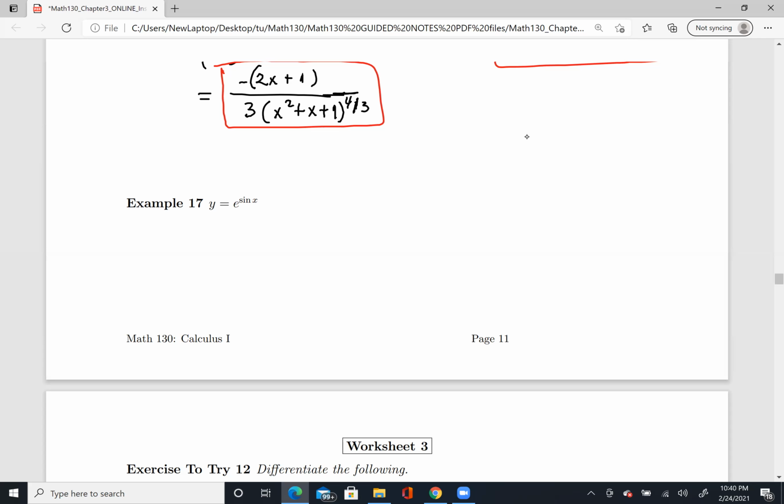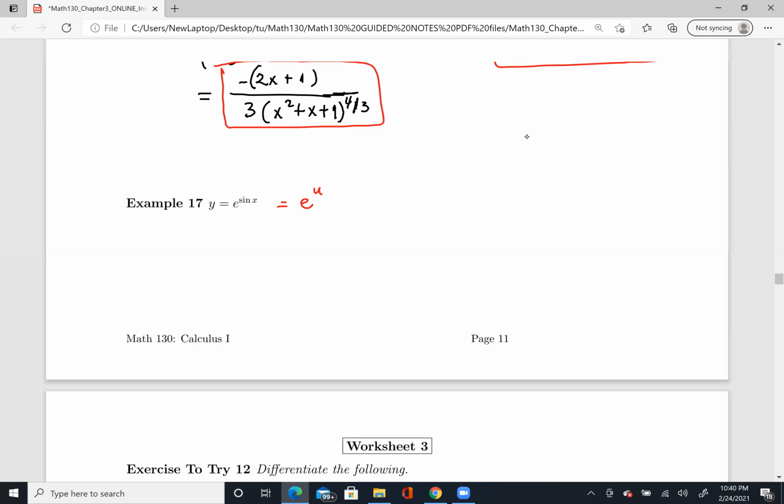However, the exponent here is not only an x. It is a function of x, which is sine of x here. So you can consider it as e to the power u, something like that, right?